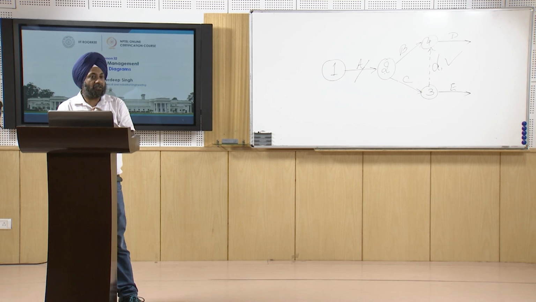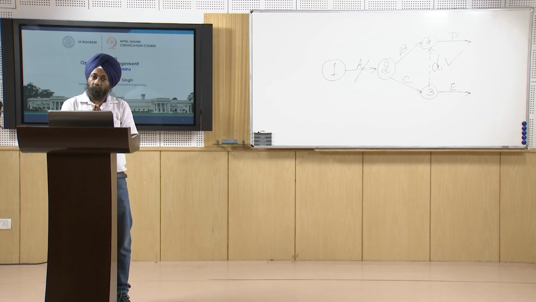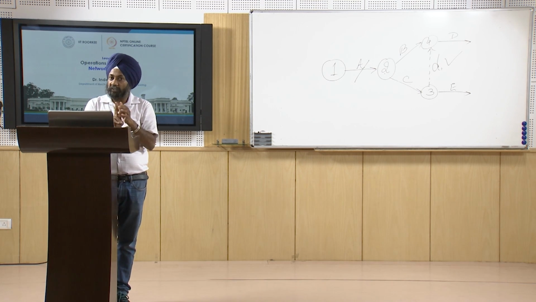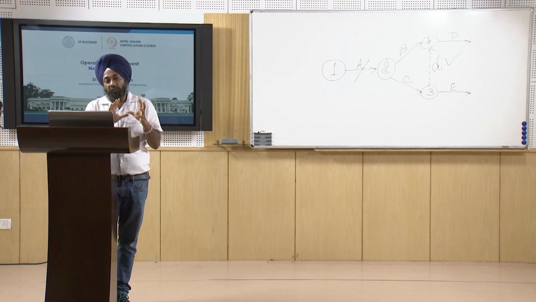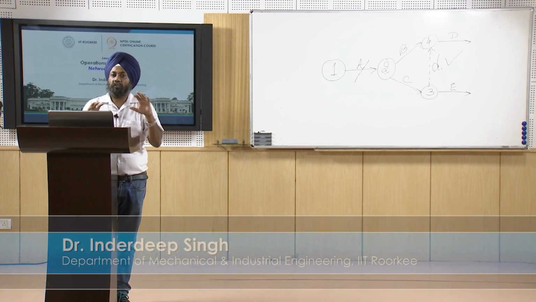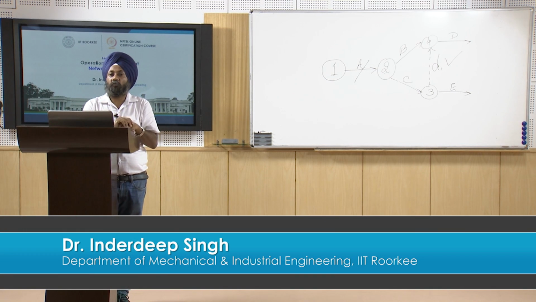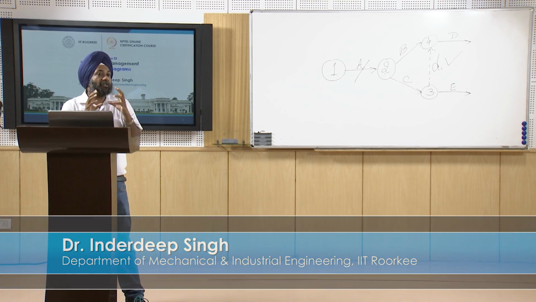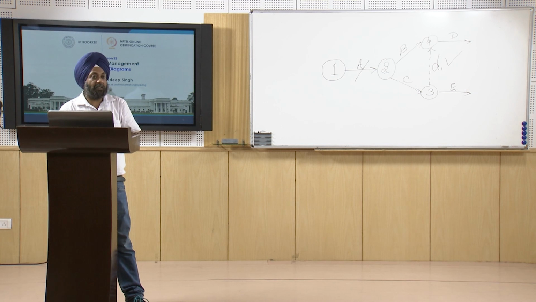In our next session we will see what type of calculations can be done based on this network. So we have finished 2 sessions on project scheduling and networks. In the first session our target was to understand the importance of network diagrams, the definition of a project and project scheduling, and objectives of project scheduling.